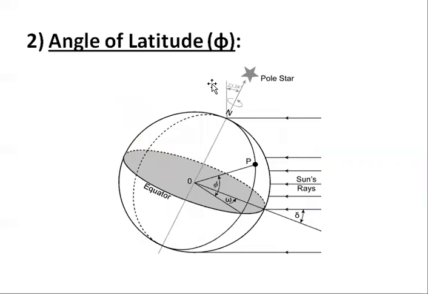And next, coming to the angle of latitude, which is represented by phi, it is a vertical angle between the line joining the point of location, that means this is the point of location I considered here, to the center of the earth and its projection on the equatorial plane. Here I consider a point and make a projection to the center of the earth.